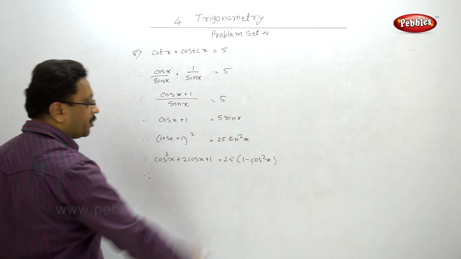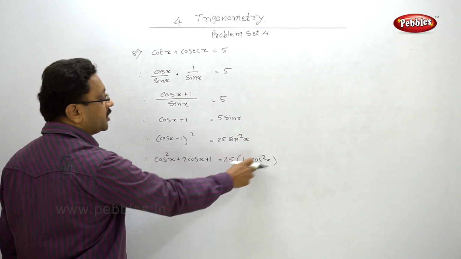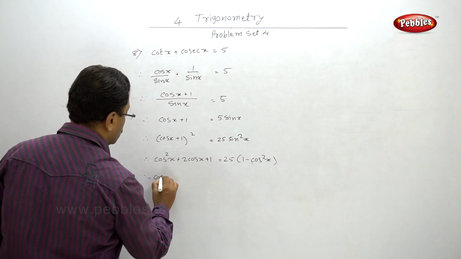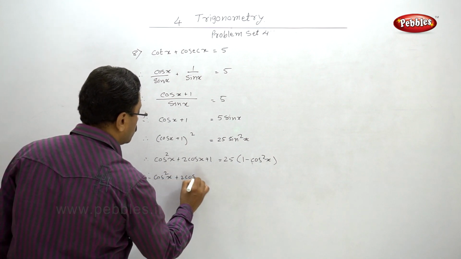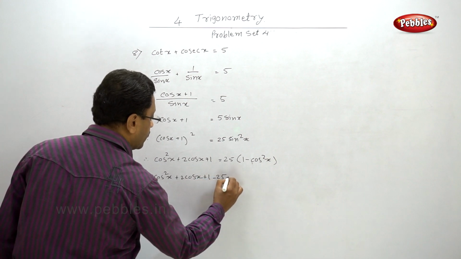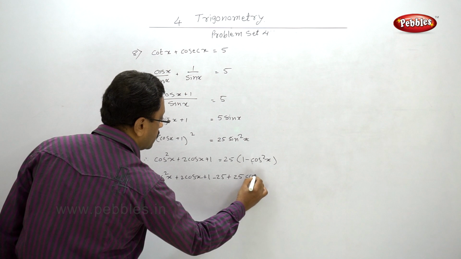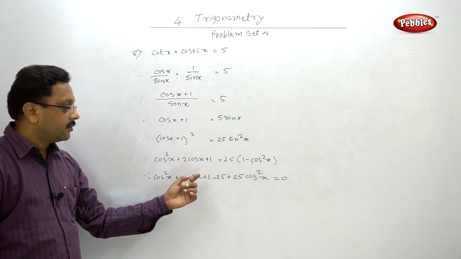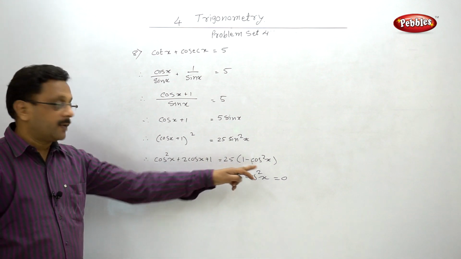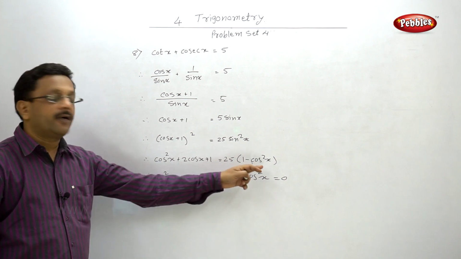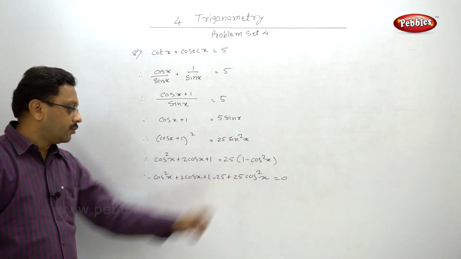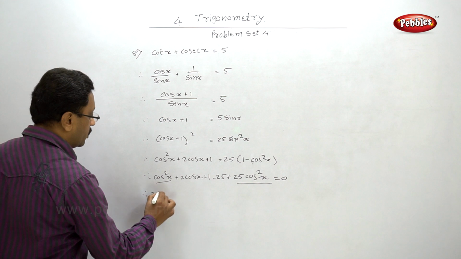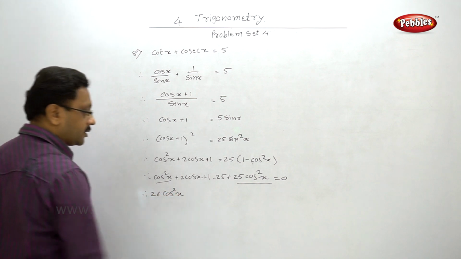Now I will open this bracket again. This will be 25 minus 25 cos square x. Everything I will take to this side. So cos square x plus 2 cos x plus 1 minus 25 plus 25 cos square x equals 0. How did this come to this side? First open this bracket, 25 into 1 minus 25 into cos square x, then take it to this side, so equal to 0. Now cos square x and 25 cos square x is equal to 26 cos square x.